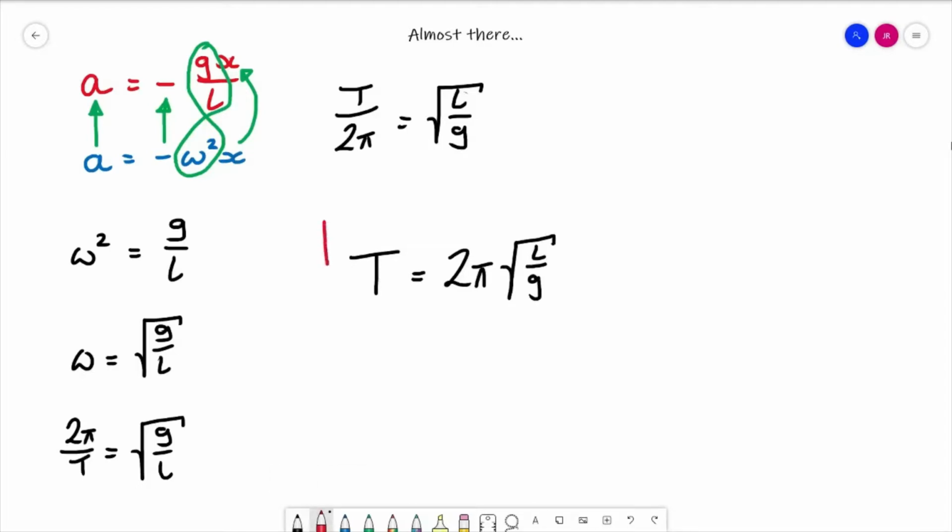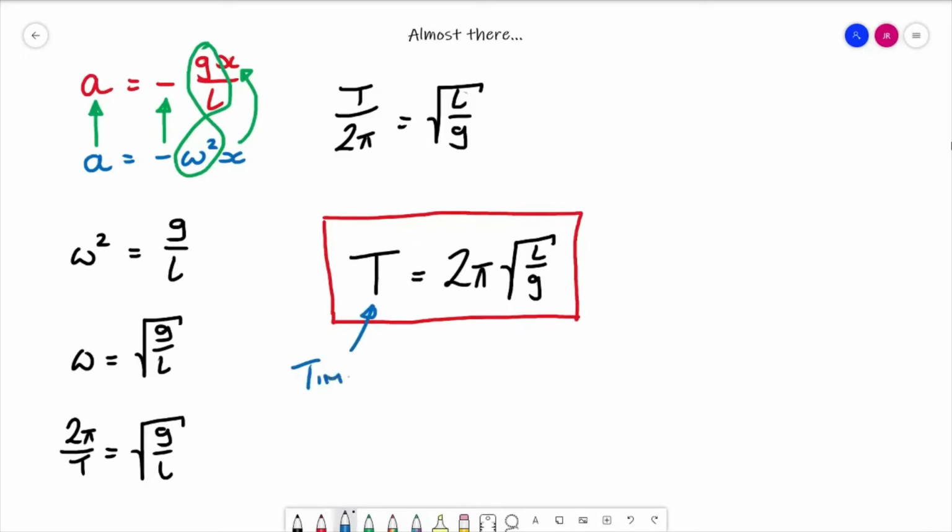And there we have it. That now is the equation for the time period of a simple pendulum. Finally then, just to redefine all of our terms: T is the time period, which will be measured in seconds.